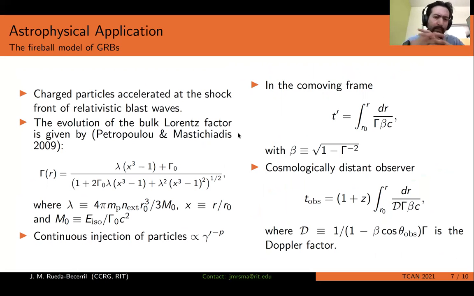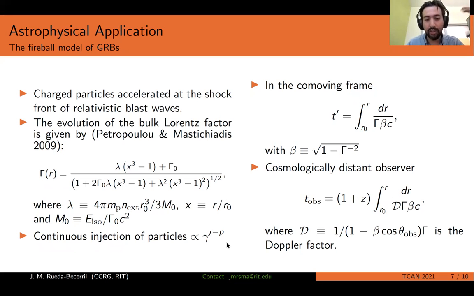For the astrophysical application of this code, I picked a simple afterglow model of a GRB, taking the analytic solution for the blast wave in a homogeneous external medium.